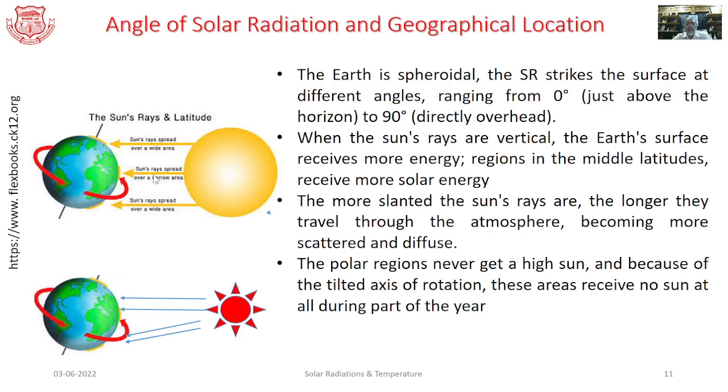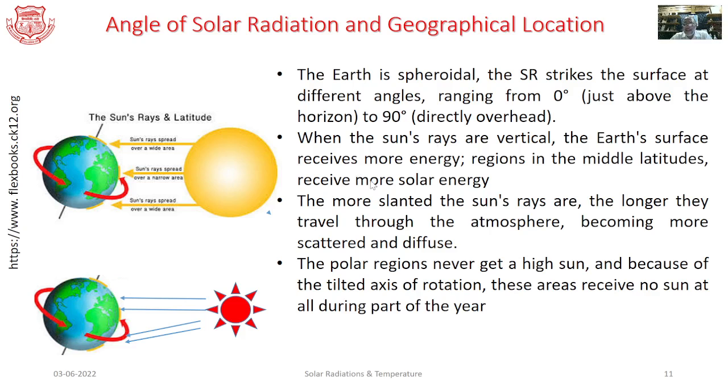When the sun rays arrive exactly vertical, the earth's surface receives more energy, which is related with the regions placed in the middle latitudes.